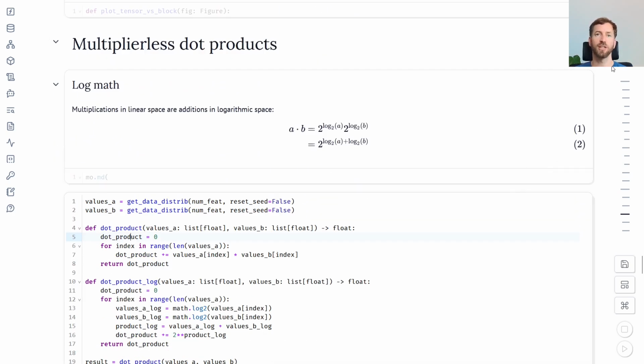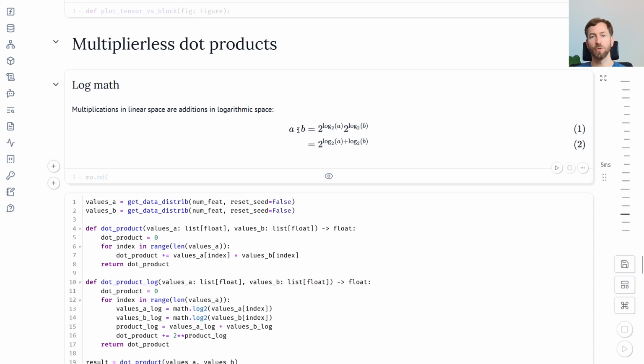Previously, I've shown that a logarithmic data type has the smallest relative error across all the data types we discussed today. It's not only of advantage to represent values in the logarithmic domain, but also to compute in the logarithmic domain. For example, if you want to multiply a with b, and you do that in the logarithmic domain, this multiplication turns into an addition.